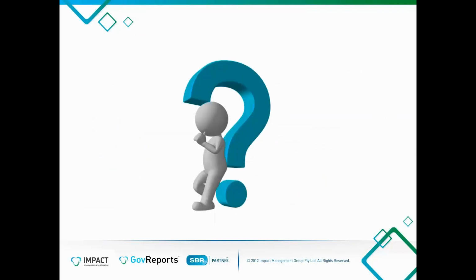Tiana, is there anything that you would like to add at this point? Yeah, for those that are having the GovReports account, all the services that Deb just went through are included in your account and you will have access to.